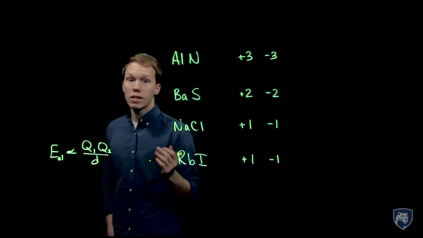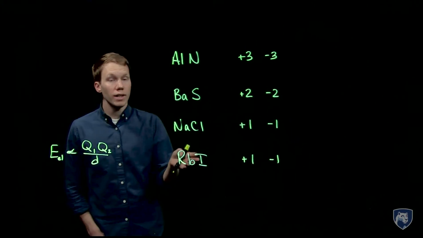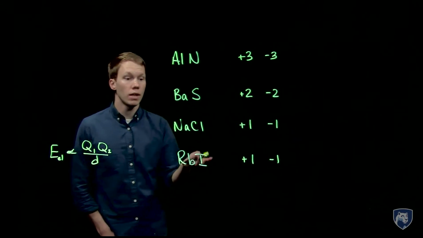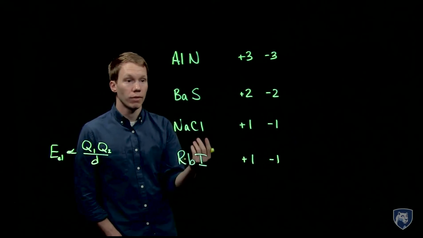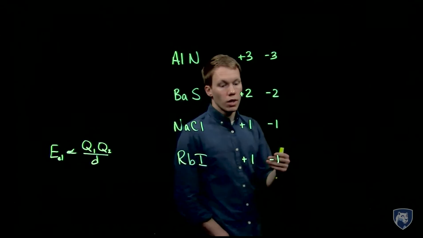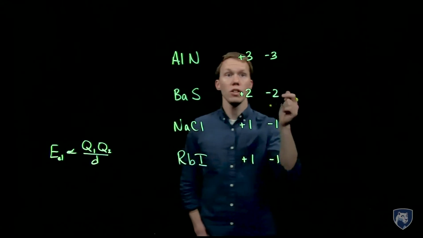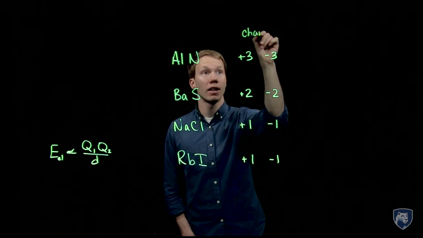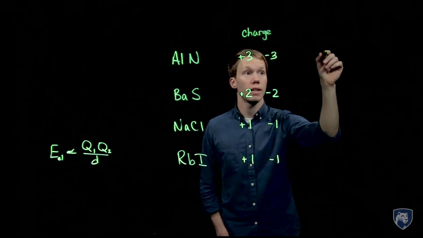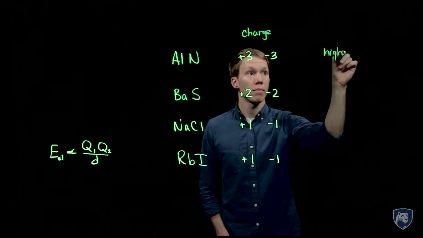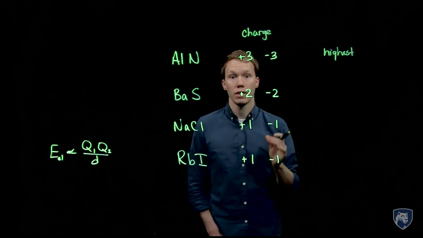Remember, we can recognize the charge on these based on the position on the periodic table, knowing how many electrons a metal ion prefers to lose. So based on the charge here, we can rank that aluminum nitride would be the highest melting point because it has the largest charge.